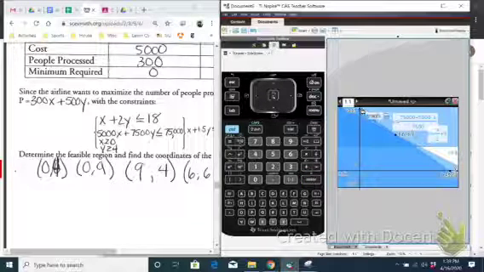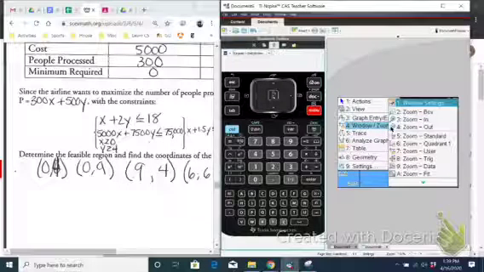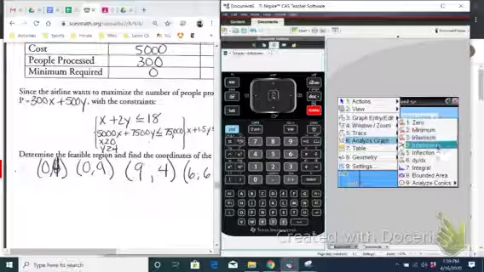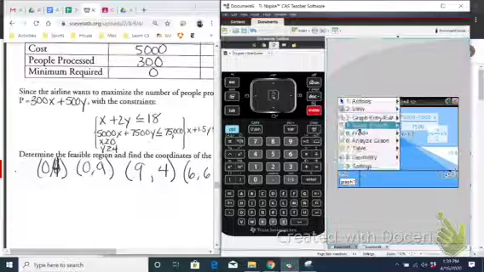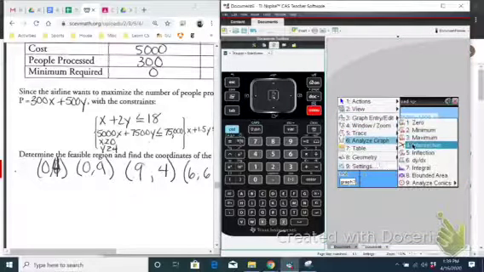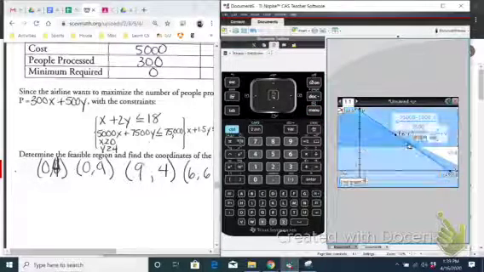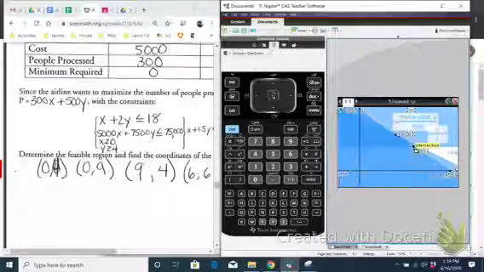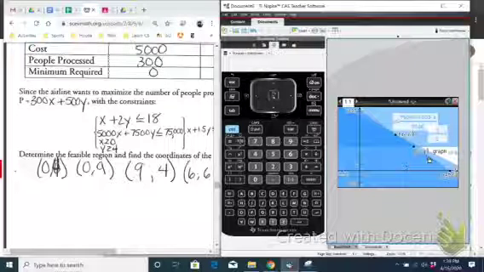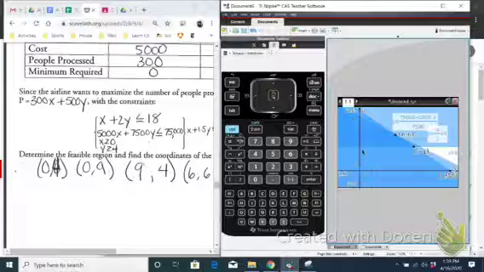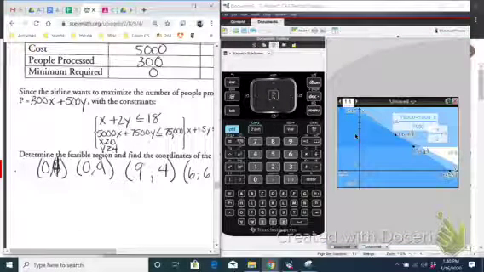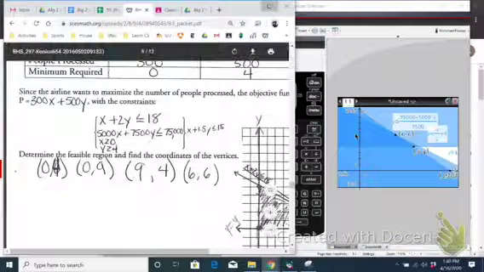And then another point that we have that's a vertex of our shaded region, we could find by doing intersection. So analyze graph intersection and see where this intersects with that, and we see it's at the point 9, 4. So 9, 4, 6, 6, 0, 10, and 0, 4. Those are our 4 vertices of our shaded region.